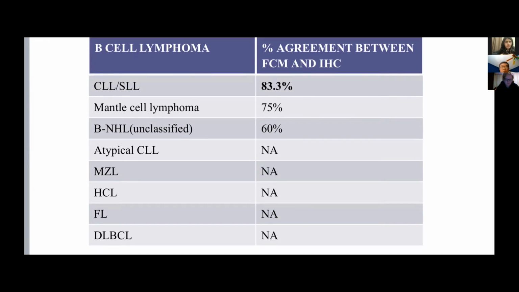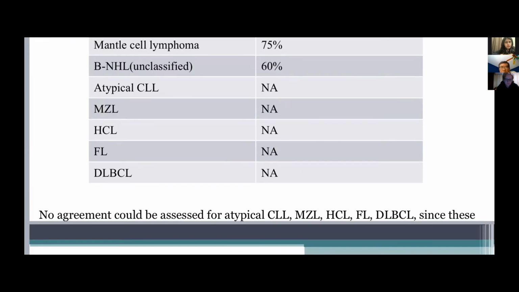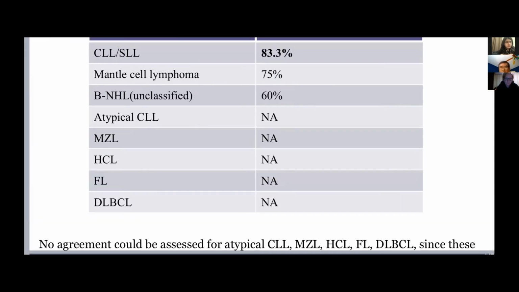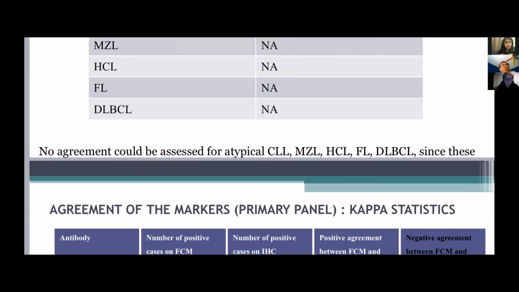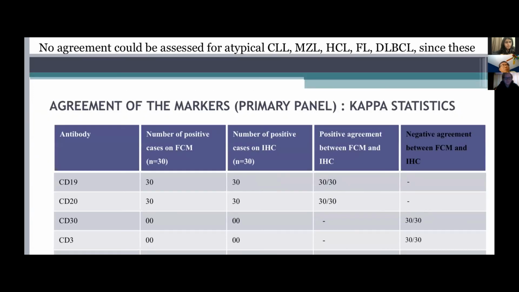There was no agreement seen for atypical CLL, marginal zone, hairy cell leukemia, follicular lymphoma, and DLBCL, since these cases were exclusively diagnosed either on flow cytometry or on IHC. As I already told you, follicular lymphoma and DLBCL were not diagnosed on flow cytometry, so no percentage agreement was counted between these two.